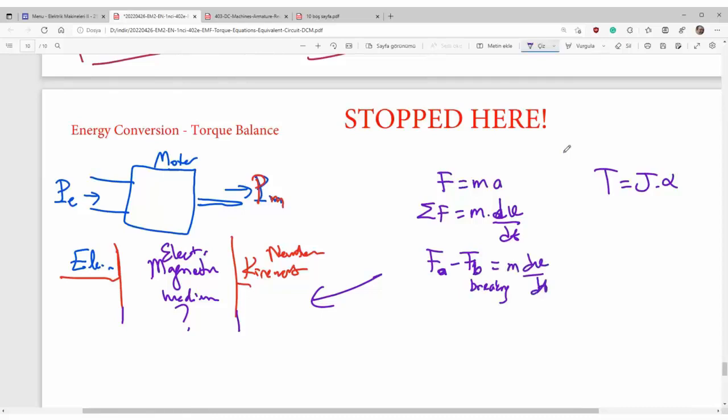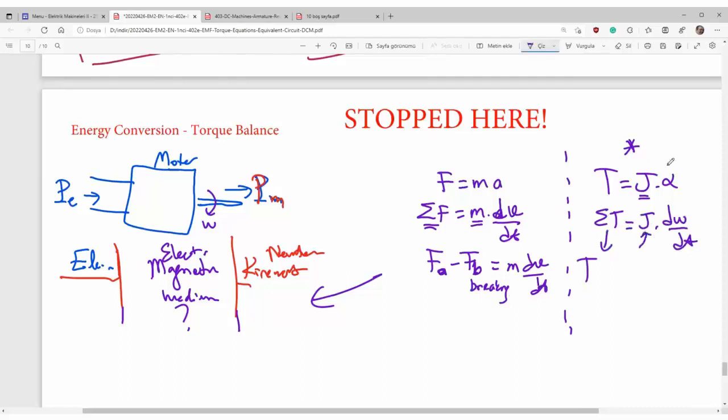Here in the rotating world, we use this one because our machines are rotating. That is the total torque acting on the inertia. That is the total force acting on the moving mass. J dW over dt, you know. And here it is the net torque acting on a moving inertia.